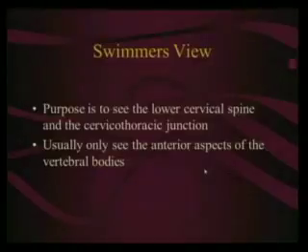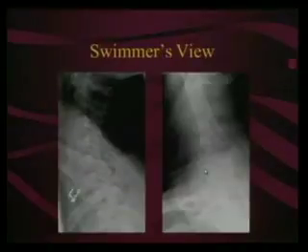But the problem is that you're not going to see the posterior elements. And why? Because the humeral head is going to be in the way. See this? I can see the vertebral bodies nicely, anteriorly, but when we get into this area here, it's kind of hard to evaluate.